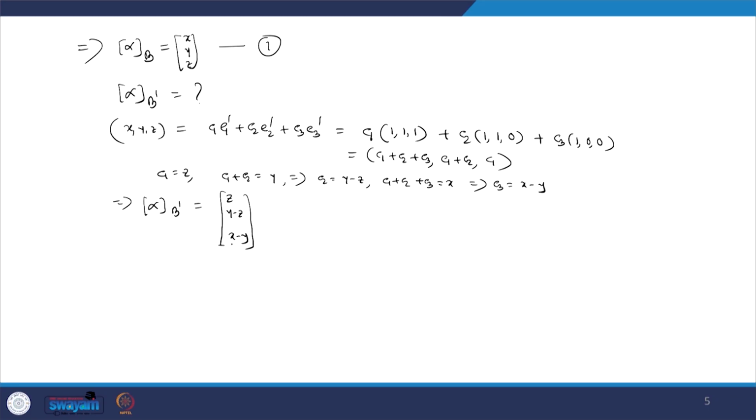So, by definition of the coordinate matrix of a vector, I have derived the coordinate matrix of alpha with respect to both ordered bases.